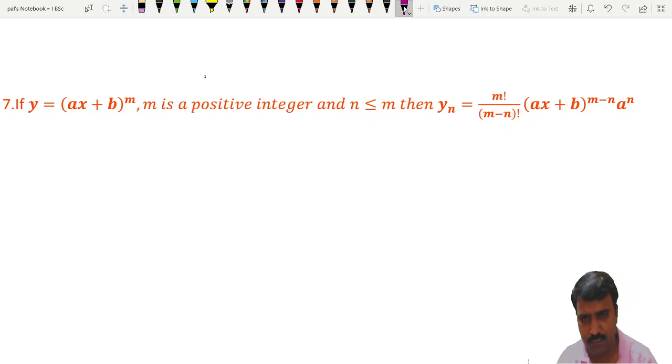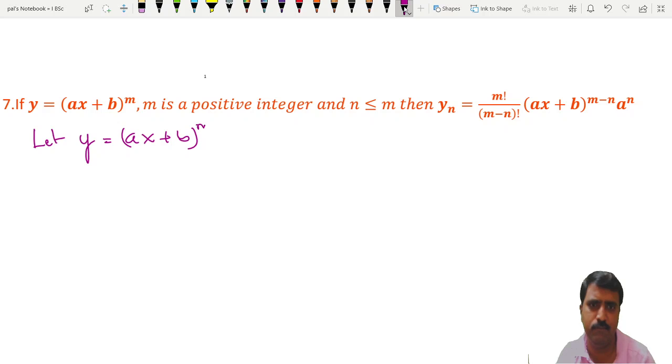To prove this result, let y is equal to ax plus b to the power m. This is the given function. You just go on differentiating this with respect to x.